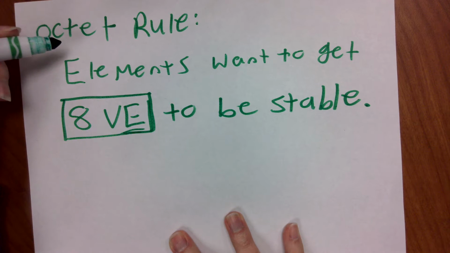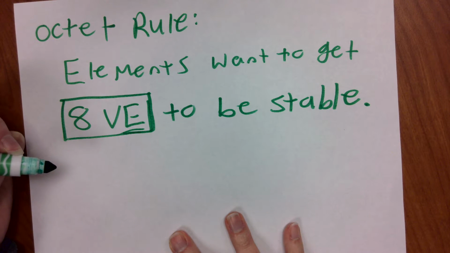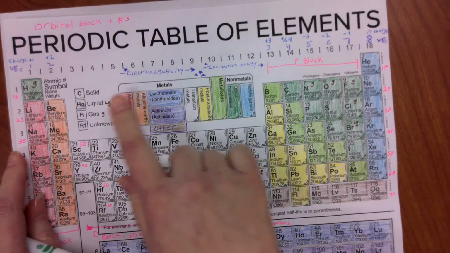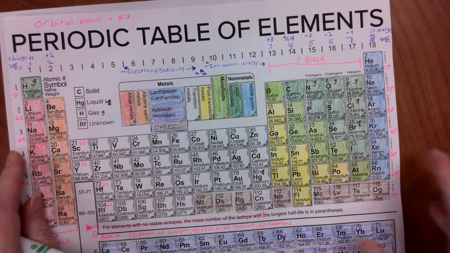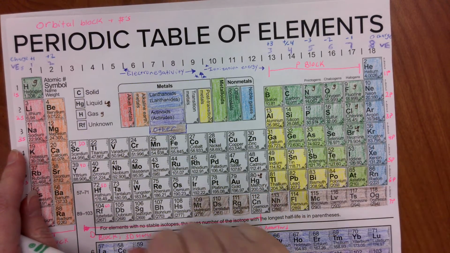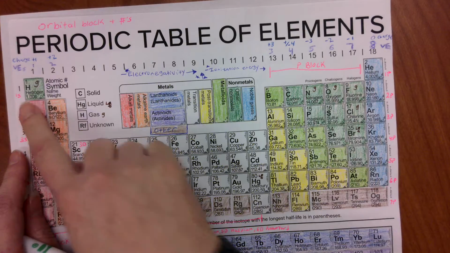And the reason for that is hydrogen and helium are so small, they just want to have 2 in their outer shell, okay? Because they're up here, the very closest energy level, the maximum electrons you can have is 2, and so that's why it's just 1 and 2 on the upper side, up top.